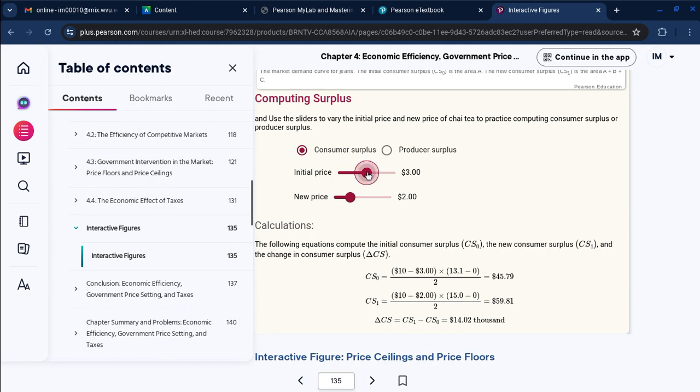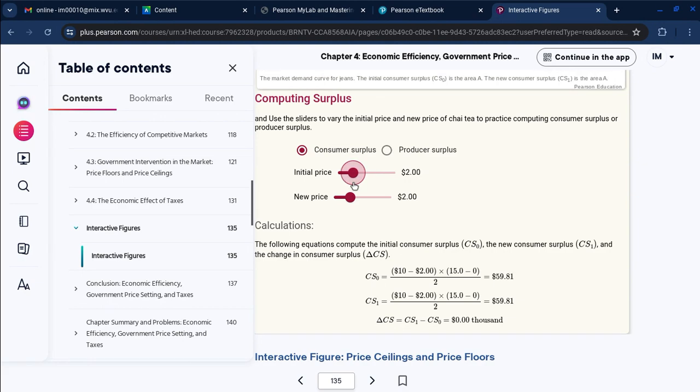And if we adjust the initial price back to the new price, you can see that as it gets less expensive, and as more people purchase the product, the two prices get closer and closer together until they are, again, equal in this equilibrium.